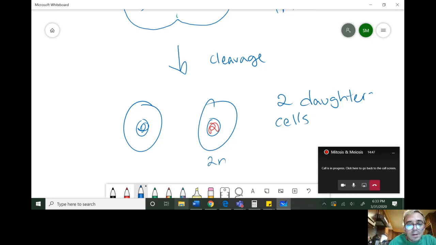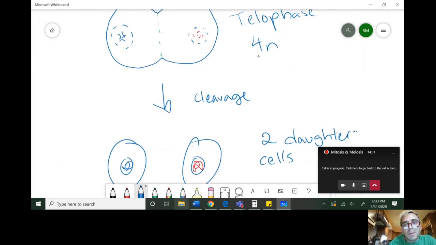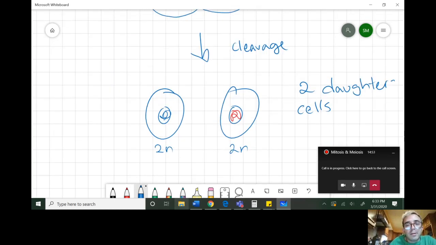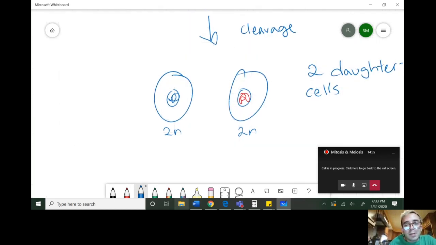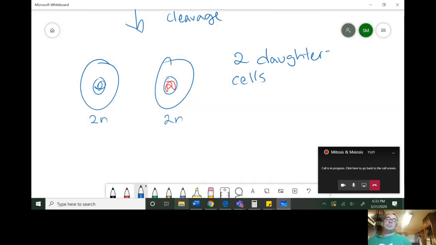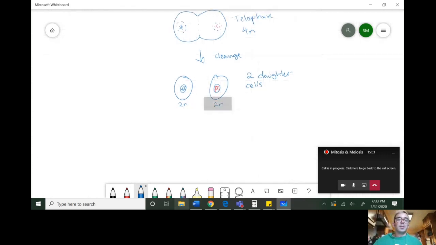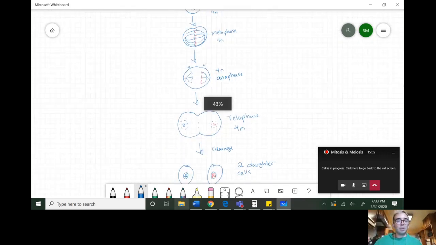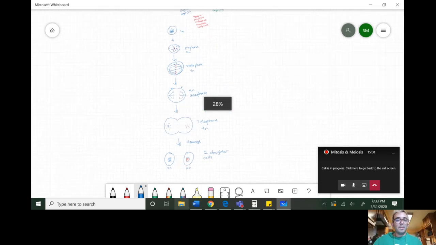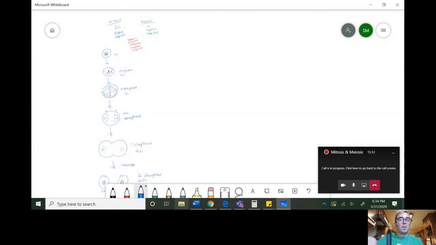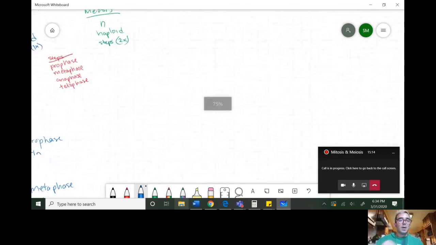And this one is 2N, and this one is 2N. How did I get 2N from each one? Well, remember that this was 4N right there. So 4 divided by 2, because we split it in half, is 2N. And that's our general mitosis.